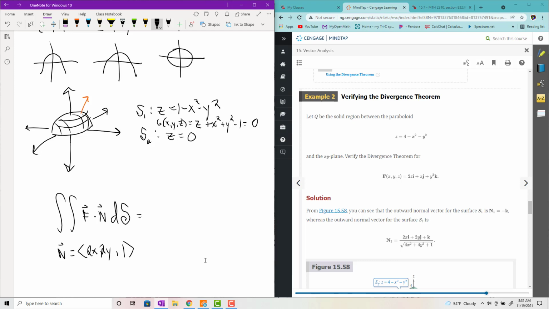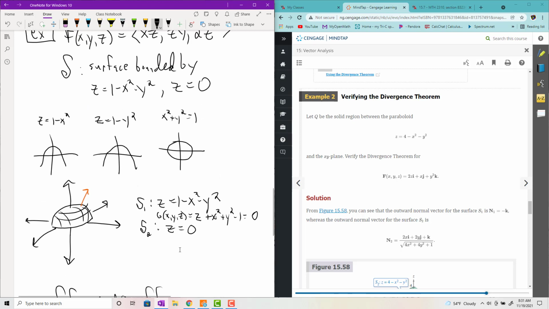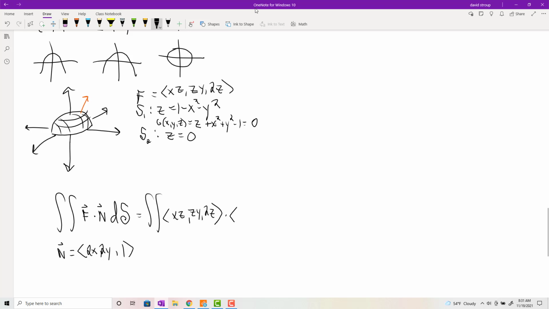And so we'll have the double integral of, where's our force field? I lost the force field way up there. xz, zy, 2z. Okay, that dotted with our normal, 2x, 2y, and 1, and then dA.